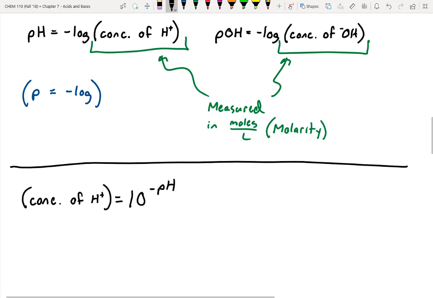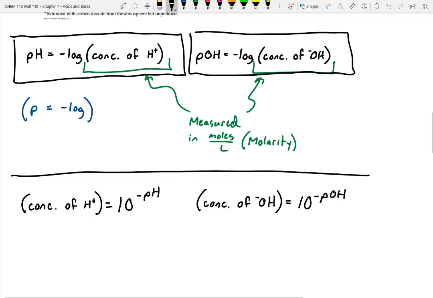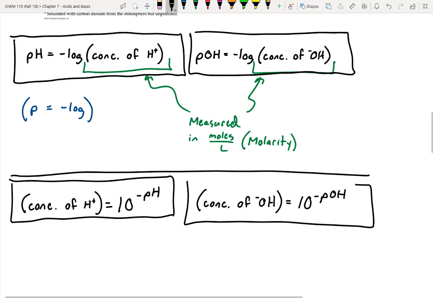Conversely, if we look at the concentration of hydroxide anions in solution, it's going to be equal to 10 to the negative pOH. So we've got 4 different equations that we can now use. We can find pH here, we can find pOH here, we can find concentration of protons, and we can find concentration of hydroxide anions in solution.